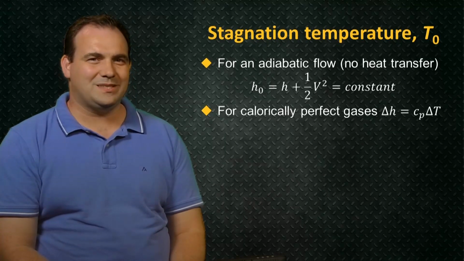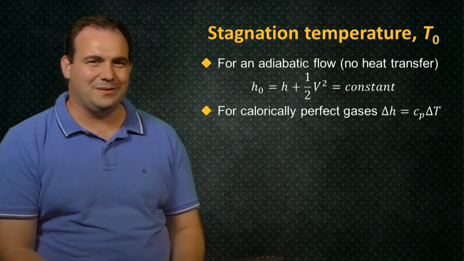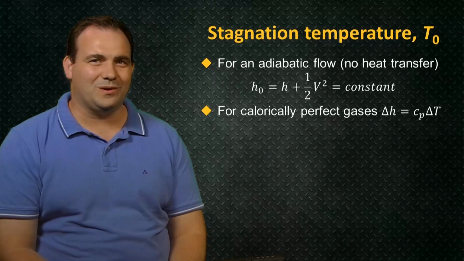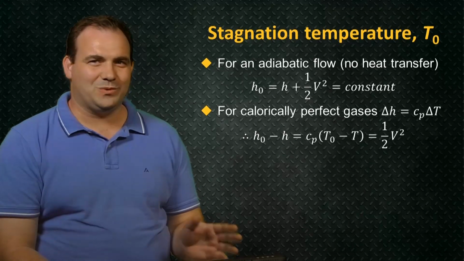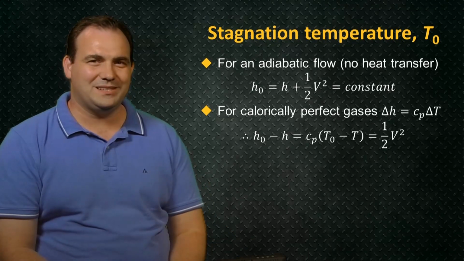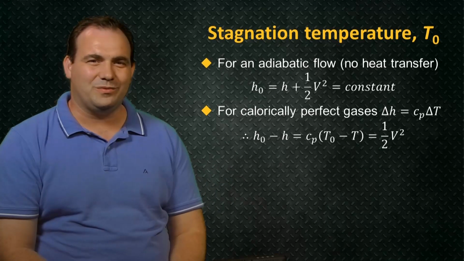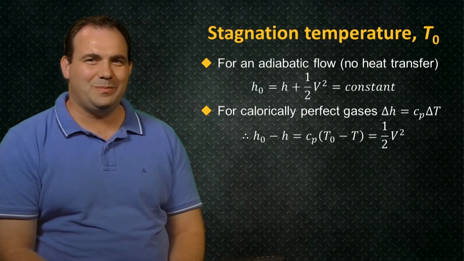So let's apply this between the current state of the gas and the stagnation state, which is denoted with that subscript 0. The difference between the stagnation enthalpy and the static enthalpy H, where that static term just means the current enthalpy of the fluid, is going to be equal to Cp times (T0 minus T).